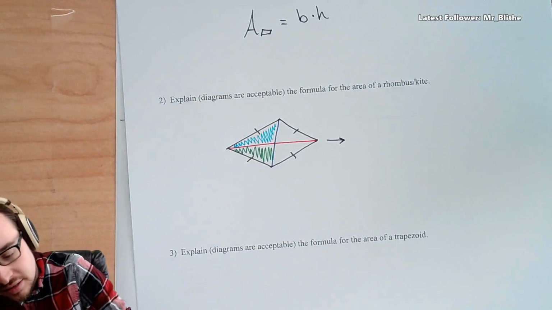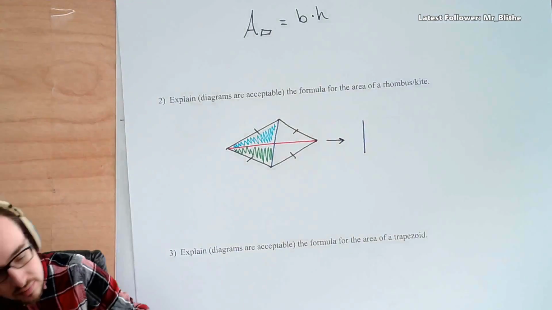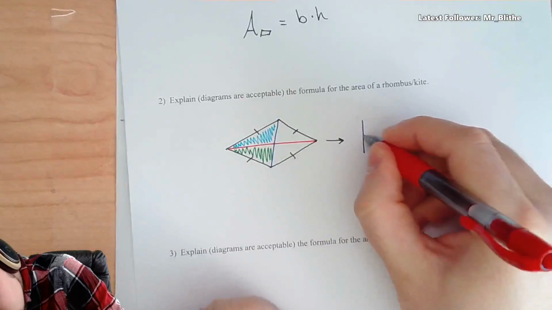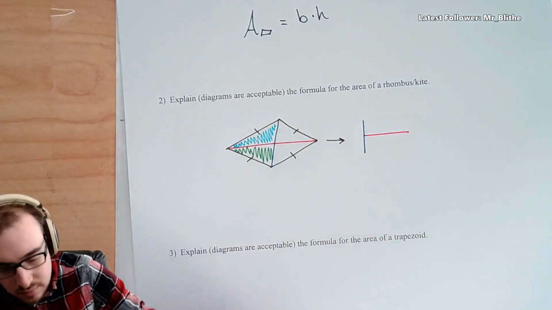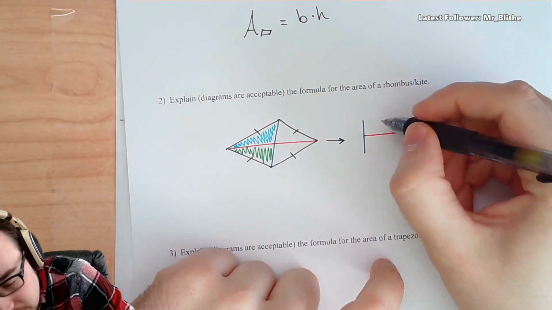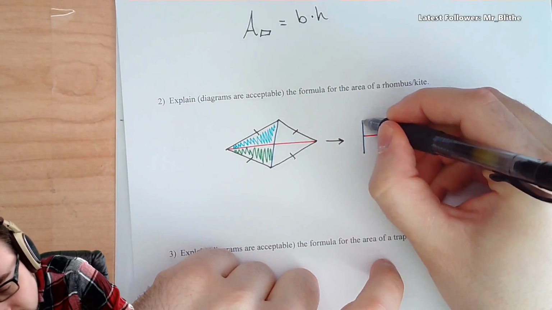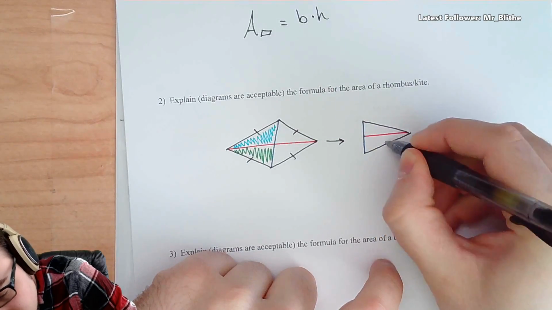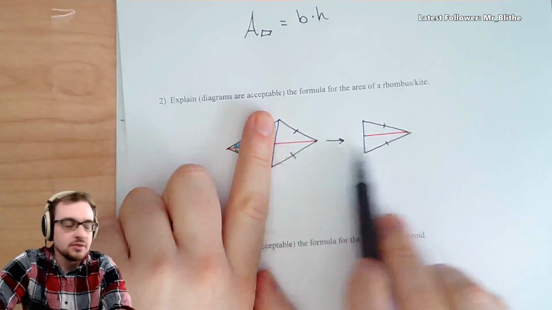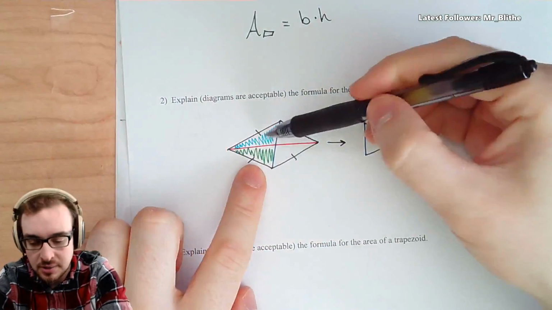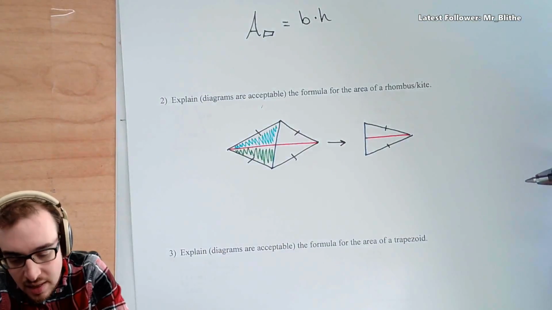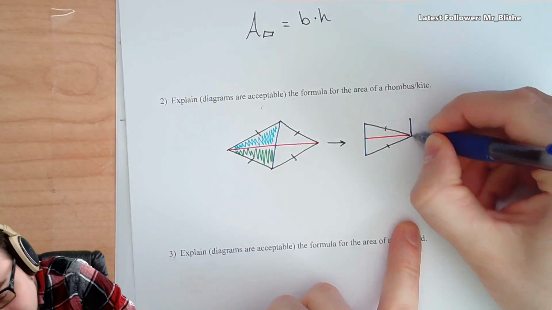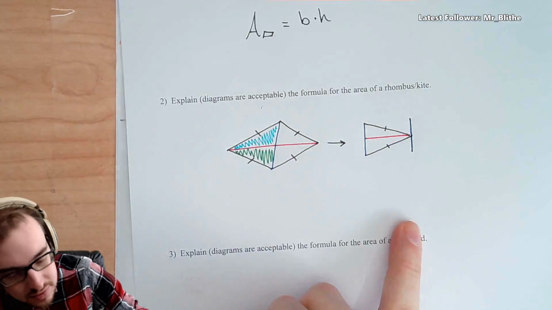And so what we're going to get is this. Let's see if I can make this happen. So we should have this the same. I'm keeping this part the same. And I'm going to flip this over. And when I do that, I'm going to get this.